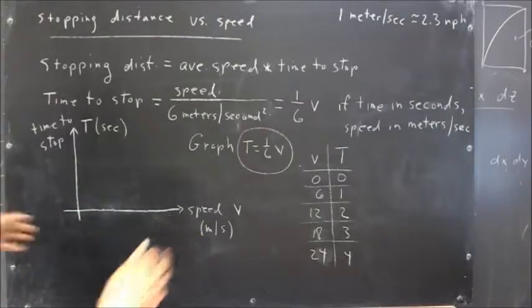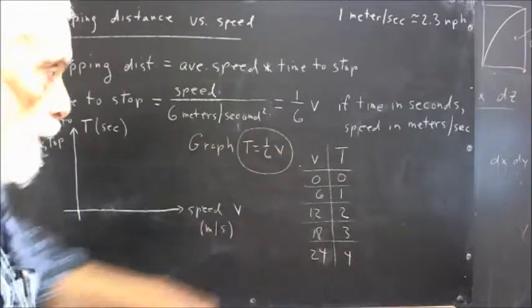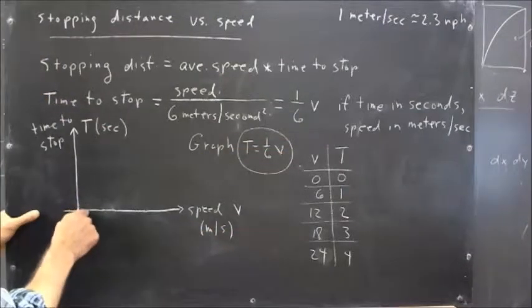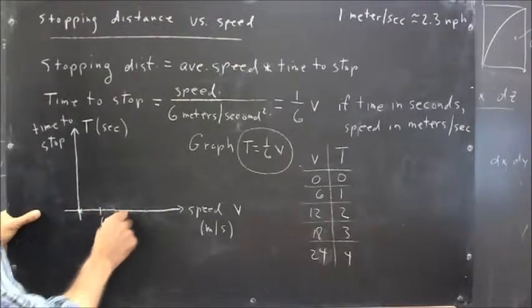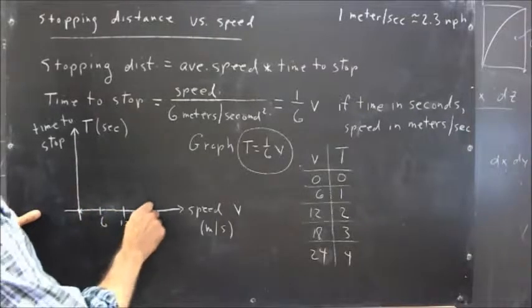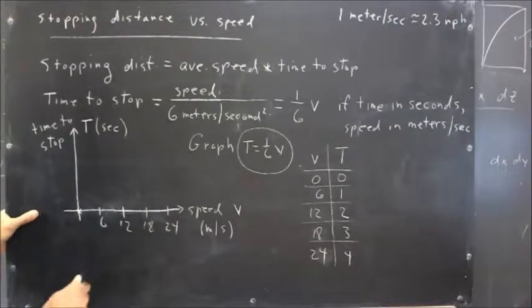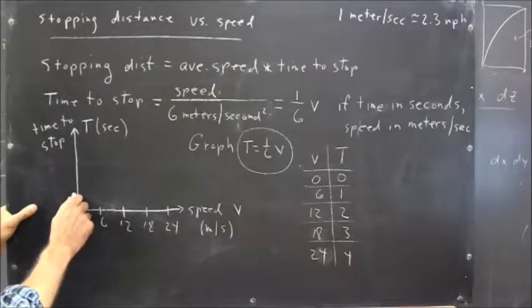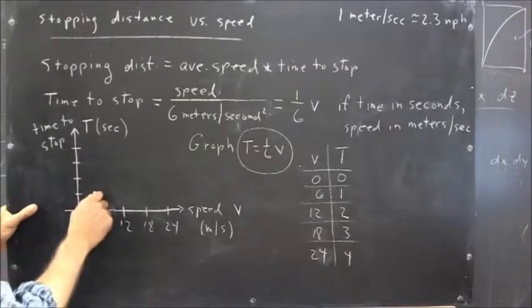So if I want to graph the time versus velocity, I could use the numbers on this table. Speeds are 6, 12, 18, 24. The times are going to be 1, 2, 3, 4 seconds.